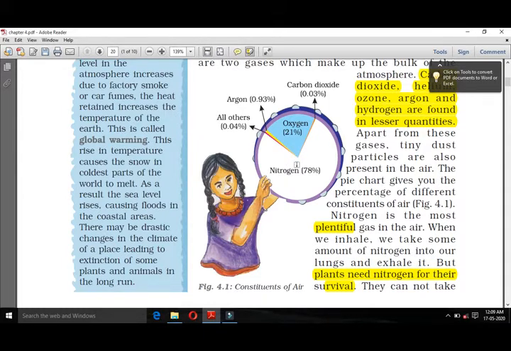All living things also need nitrogen. We take nitrogen into our lungs and exhale it when we breathe.